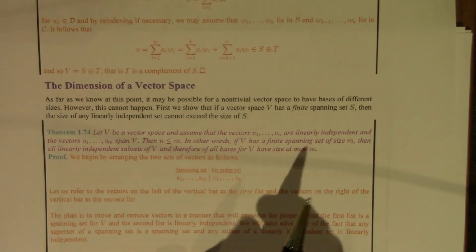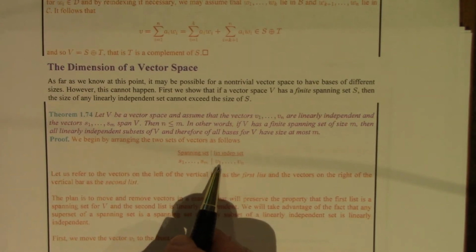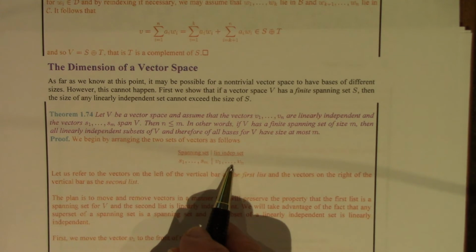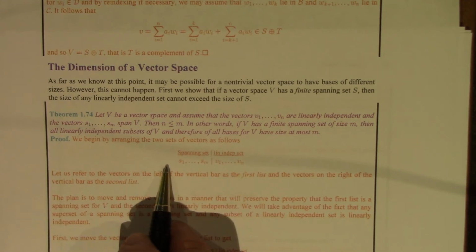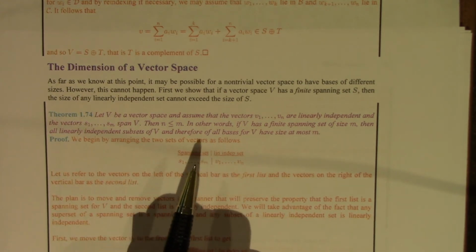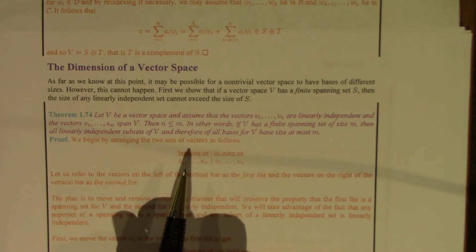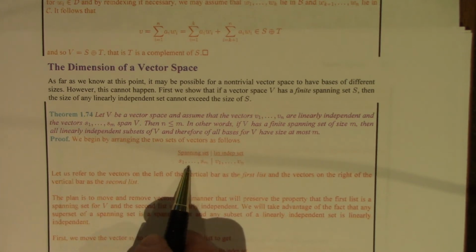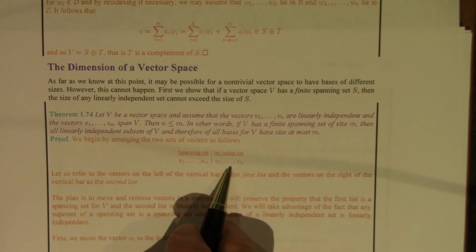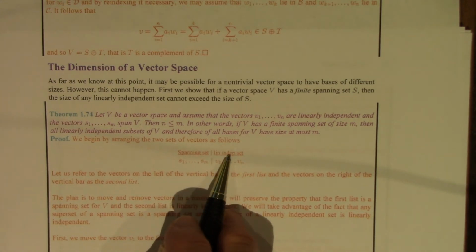The plan is to start moving vectors from the second list to the first list, but always preserving the fact that the first list spans and the second list is linearly independent.